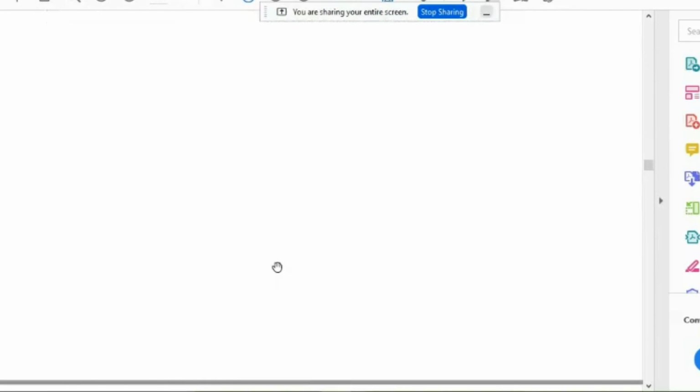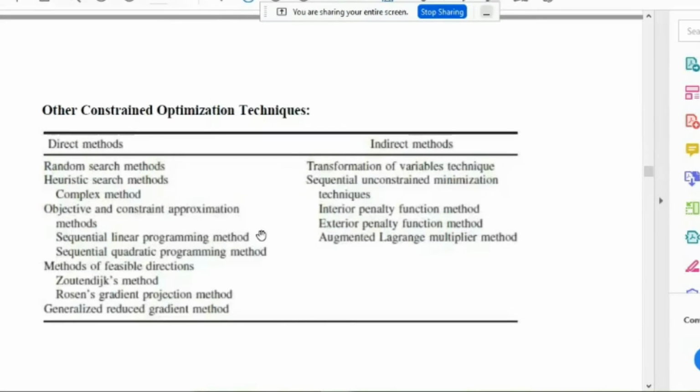Apart from this, as demonstrated in the current case, these are all the various methods which are generally used to solve multivariable optimization problems subjected to constraints, right? In search methods, initially we have to give some random initial guess.